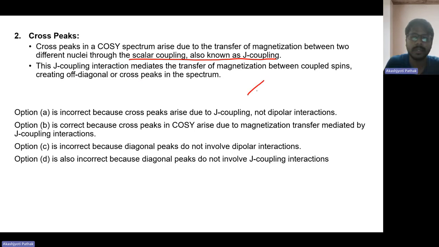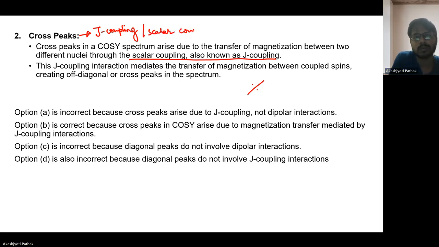So diagonal means this one, and off-diagonal peaks are also called the cross peaks. So cross peaks arise due to J coupling or scalar coupling, due to transfer of magnetization between two different nuclei.